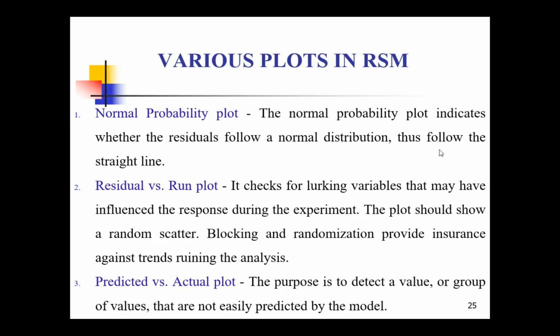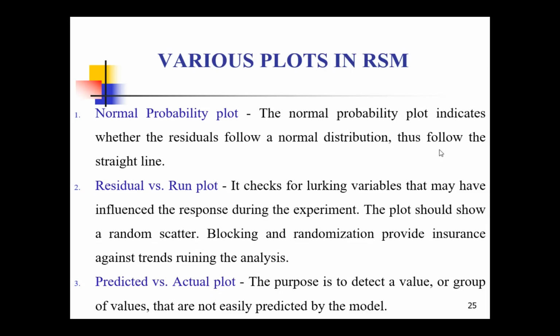So previously we have seen randomization, replication and blocking. That's why we are more specific about randomization, replication and blocking. These three principles are specifically useful in order to improve the analysis procedure.